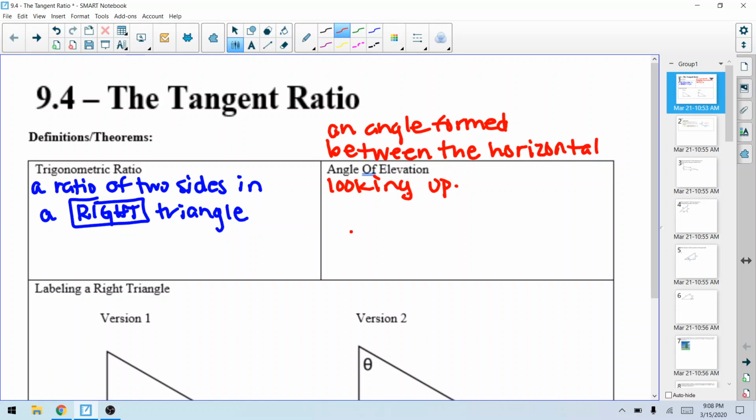So for example, if we have our little dude down here, he's going to look straight out. That is your horizontal. We also call that the line of sight. And then he's going to look up into the air, and the angle formed right there is going to be your angle of elevation.